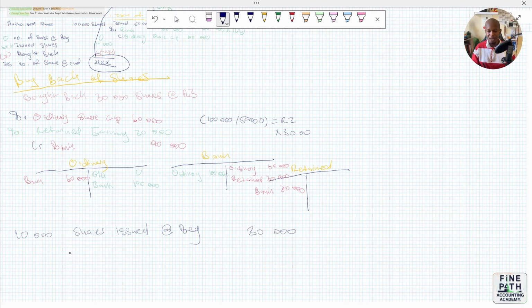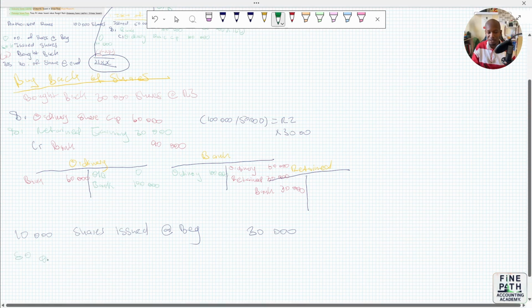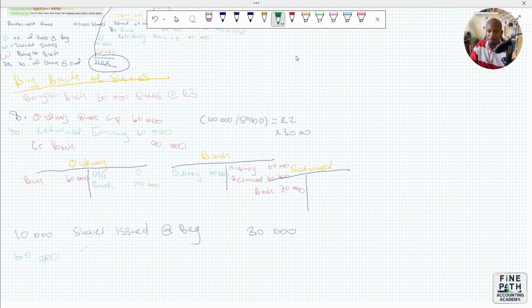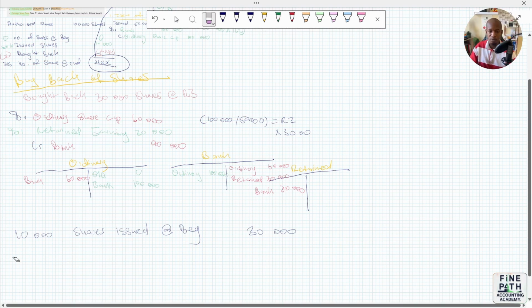And then we continue to say that during the year we had 50,000 shares issued. Sorry, let me use a heavier pen font. So during the year we issued those 50,000 shares at 2 rands, and they gave us the ordinary share capital of 100,000.